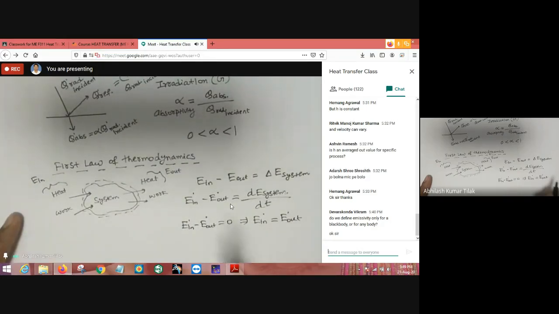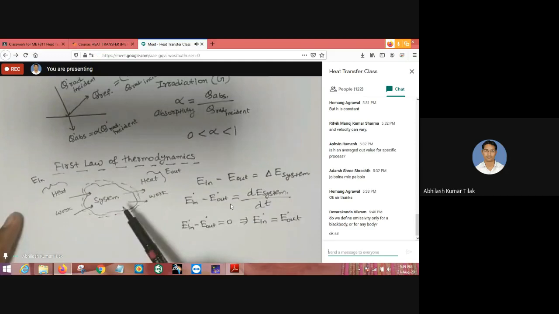Now there can be some processes which occur within the system. For example, consider a heater placed in a room. There will be a change of electrical energy into thermal energy, and you will find the temperature of the room changing. You can consider the room as a system interacting with the outside surroundings.